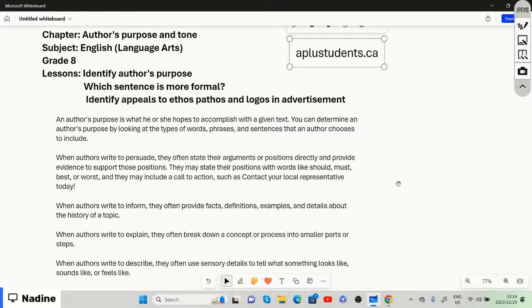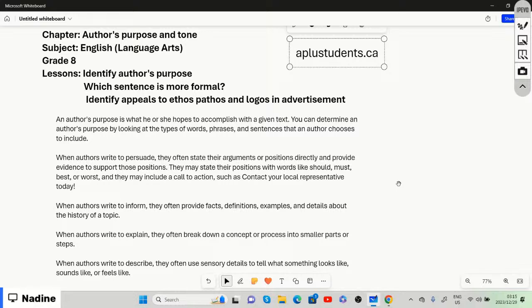When an author writes to inform, they often provide facts, definitions, examples, and details about the history of a topic. They write about facts and definitions to give you a clear idea of what they hope to accomplish.